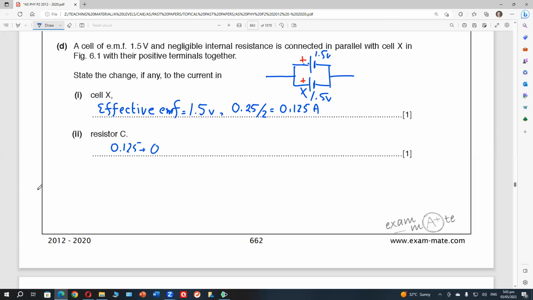So the current will decrease because the voltage will stay the same. But cell X is producing 0.125 and cell Y, the new cell, is also producing 0.125.